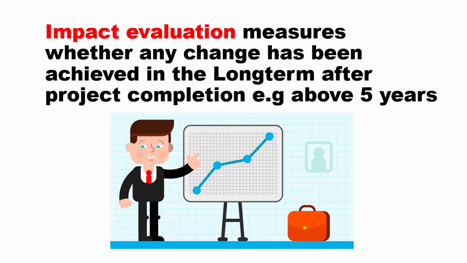Now, the impact evaluation is slightly different from the outcome, but they are very similar, except that the impact evaluation measures the long term change that has been achieved as a result of constructing your house. So, in the short to medium term, when you construct your house, you are going to have more disposable income.